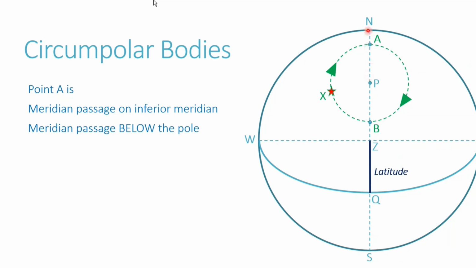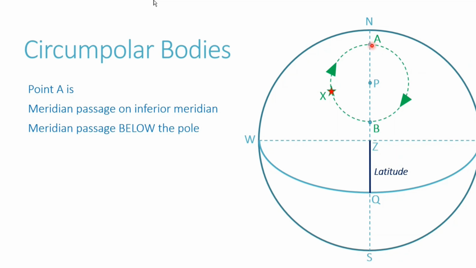We know N to P is the elevation of the pole, or the altitude of the pole. N to A represents the elevation or altitude of the body at the time of meridian passage on the inferior meridian.